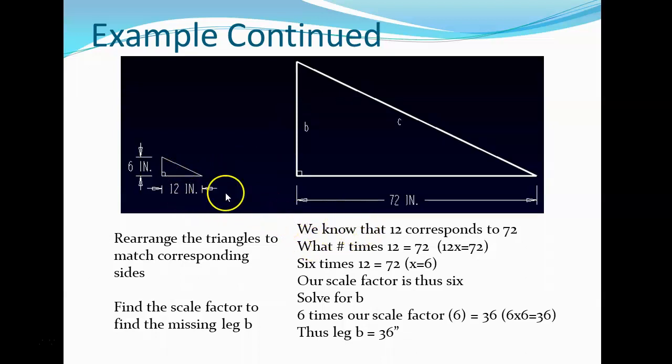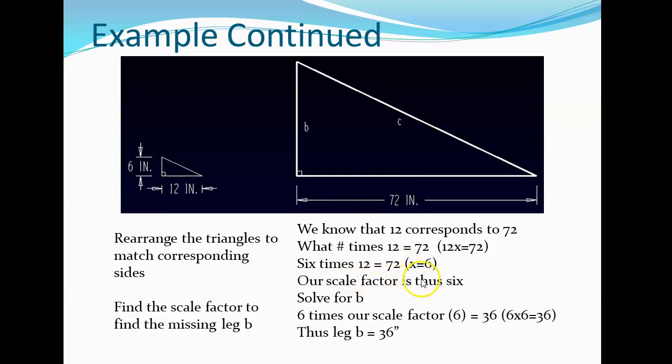Well, I know that 12 and 72 correspond. And I know that they're similar. So I can ask the question, what number times 12 will get me 72? Or in other words, 12 times x, or 12 times what number gives me 72? I know that 6 times 12 equals 72.